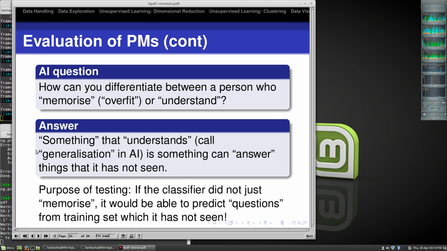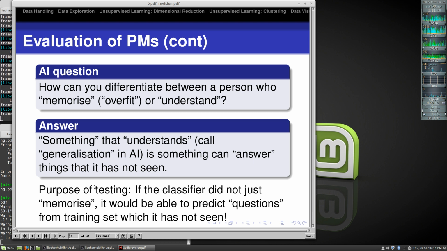In AI, when we say a model actually more or less understands a situation, we call it generalization. Generalization means it can handle scenarios, data which it has not seen in the old data, the so-called training data, and be able to provide a good prediction.